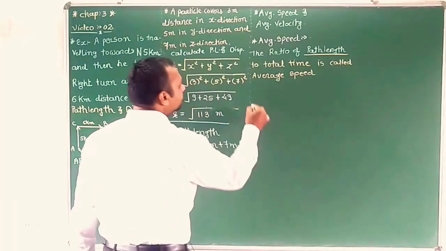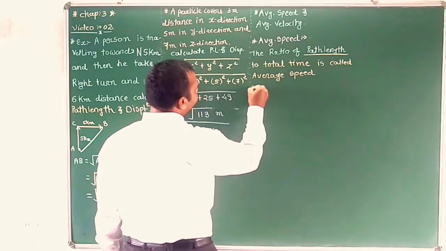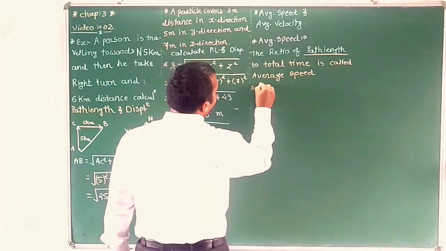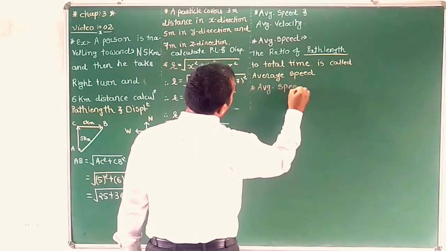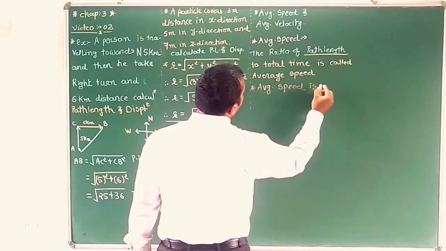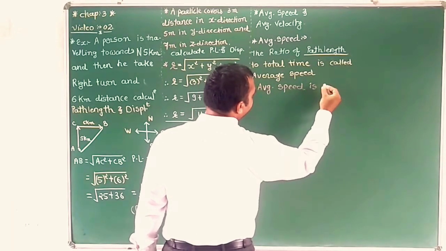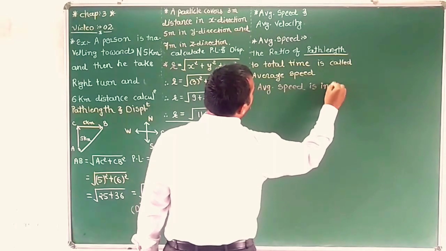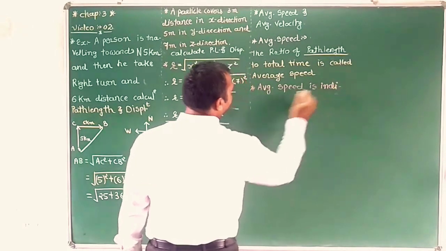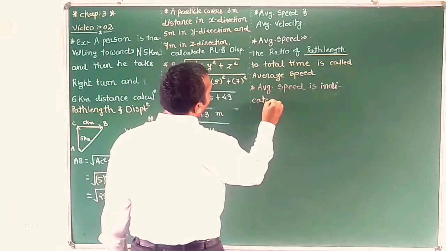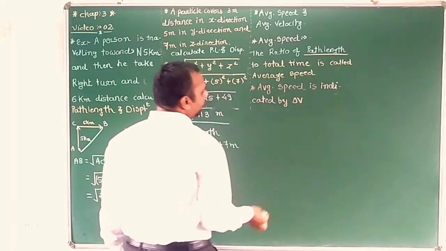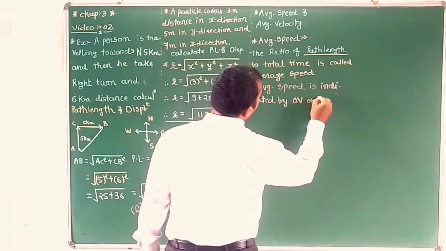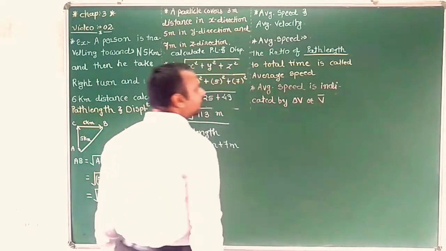So we will write: average speed is indicated by delta v or v bar.